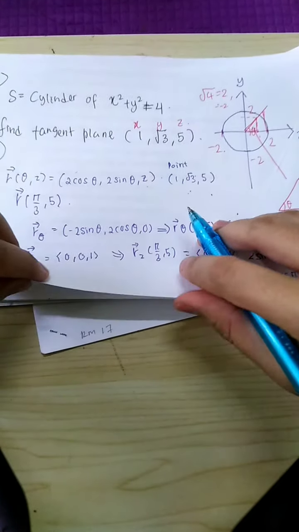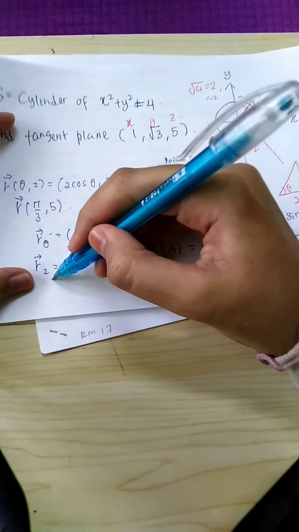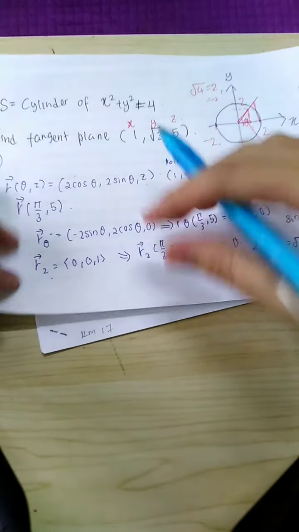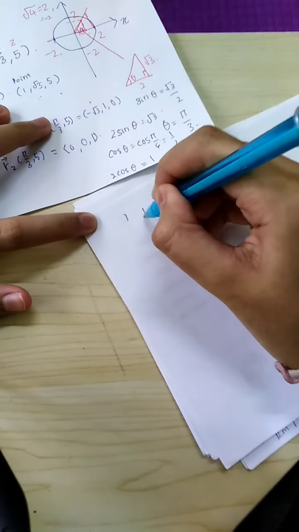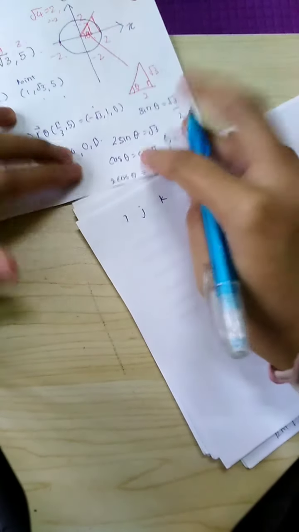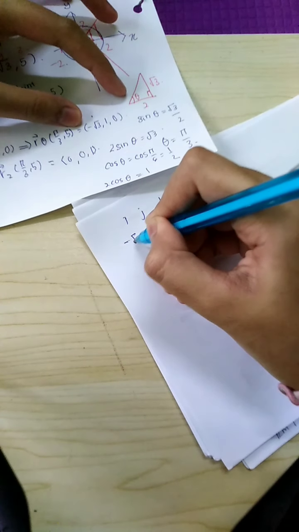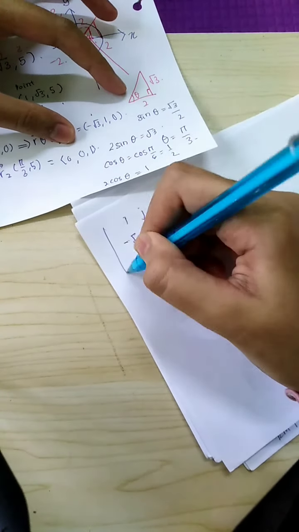Since both r theta and r z lie in the tangent plane, we have to do the cross product of these two. We have i, j, k of (-3, 1, 0) and (0, 0, 1).